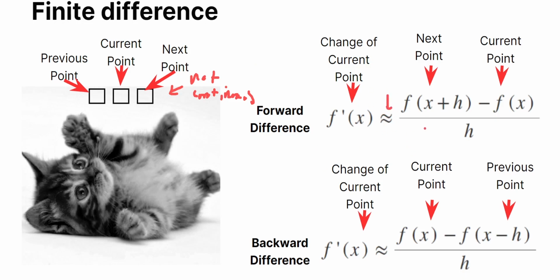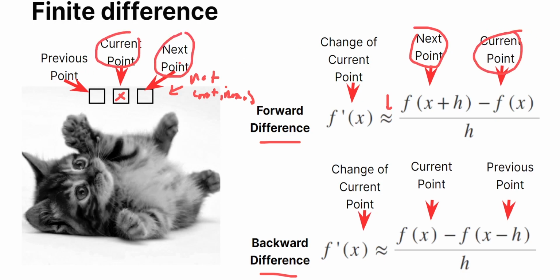There are 2 common finite differences we can use. The first one is the forward difference. The next one is the backward difference. For example, we want to measure the change at this current point x. We use this function, and we can use the next point, which is this one, combined with the current point.